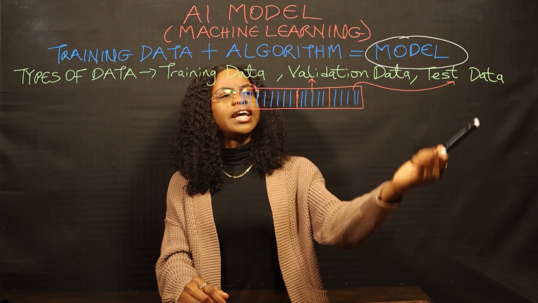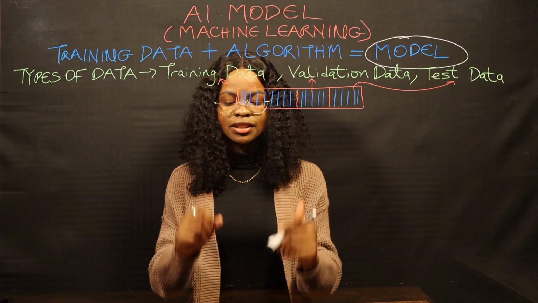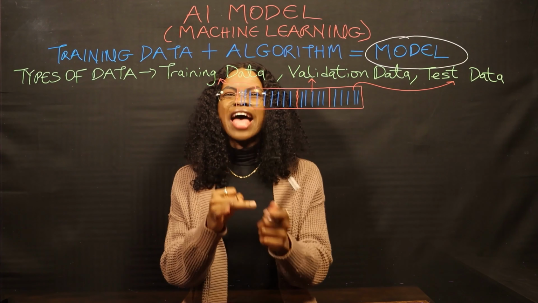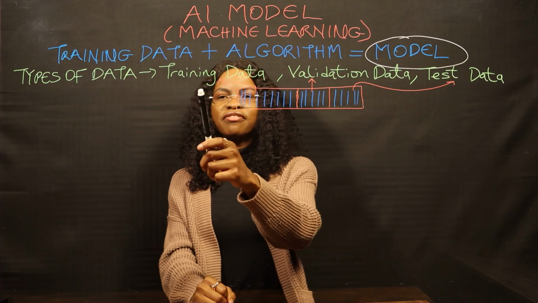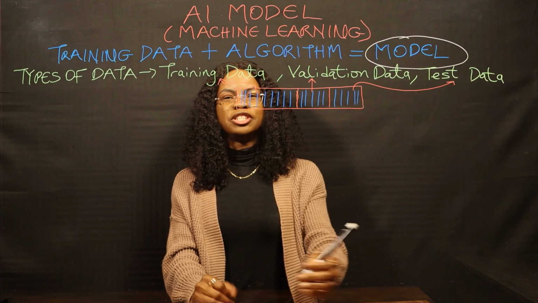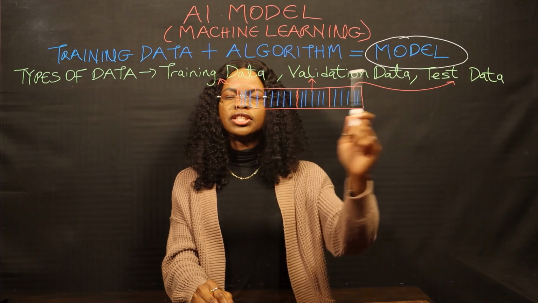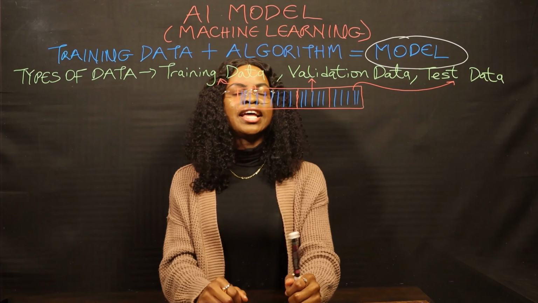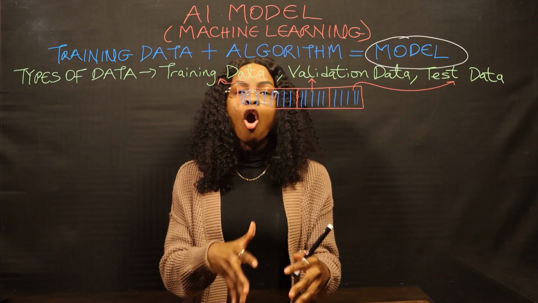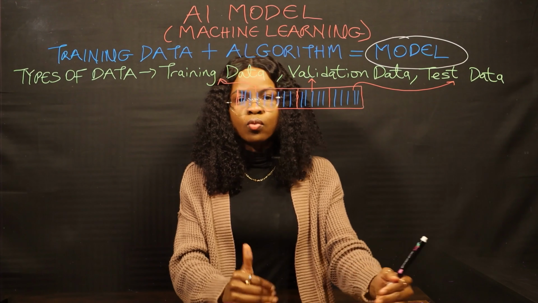And the test data, see it as an exam or a test. It's given once, and it's given at the end of the entire training and validation process. So once the model has been trained and validated, it is shown this test data just once, and that test data is meant to be a similitude of the kind of data the model will see in the real world.